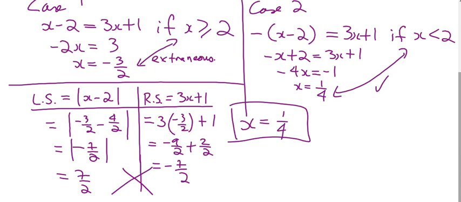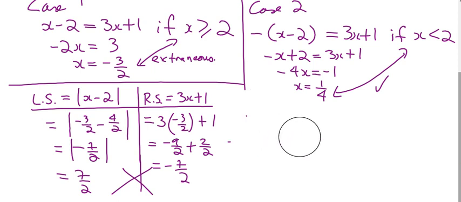That's what's going to happen in absolute value, right? The absolute value side will always be positive. So if the other side evaluates to a negative, nope, that's not the case, right? So that's a double check on this, but this is an algebraic check. And similarly, we'll do the x equals 1/4.